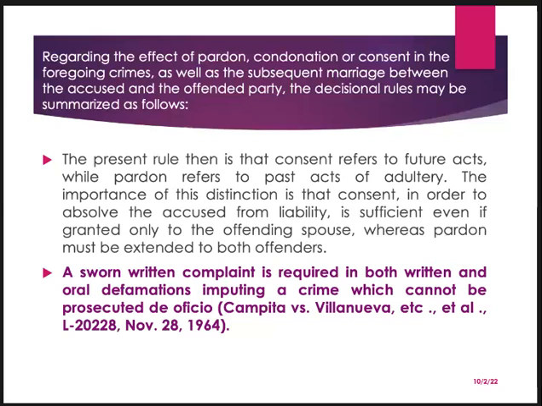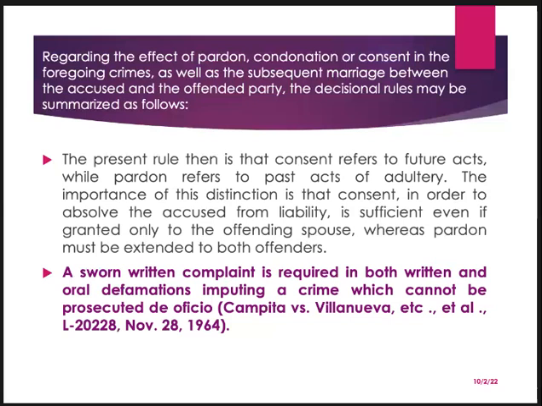Okay? The pardon, however, contemplated in seduction, abduction, and acts of lasciviousness as specified in Article 344 of the Revised Penal Code must be expressed. Okay? But in concubinage and adultery, ang pardon pwede ra express or implied. It will suffice to bar a criminal prosecution.